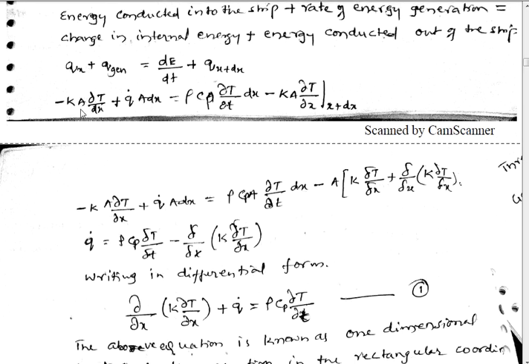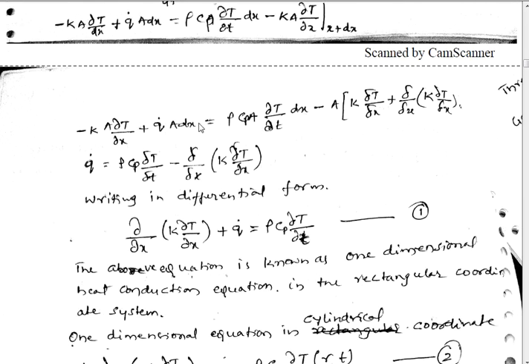Then qx is substituted as minus KA dou T by dou x, plus q dot A dx as the internal heat generation, equal to rho Cp dou T by dou t into dx, minus KA dou T by dou x at x plus dx, that is, q at x plus dx.